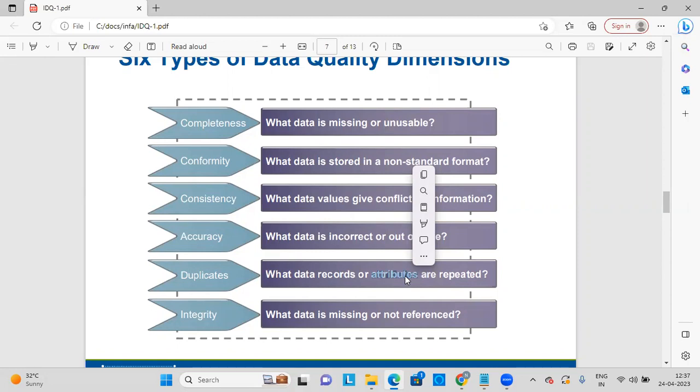Now the question: what are the attributes that need to be considered in order to identify the duplicate records? Are we going to consider all the attributes or a subset of them? In most cases, we consider a subset, because some of the columns will not be used much.